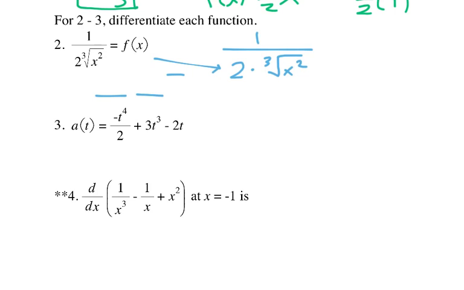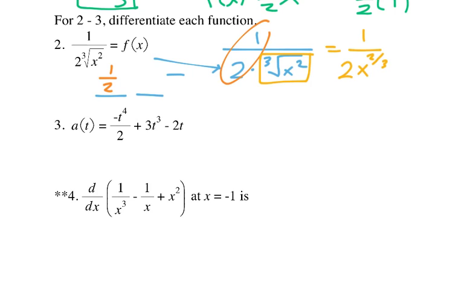The coefficient in this case is 1/2. You can see that right here. So our coefficient is 1/2. I'm going to change this radical notation into rational exponent notation. So another way that we could write this is 1 over 2 x to the 2/3 power.